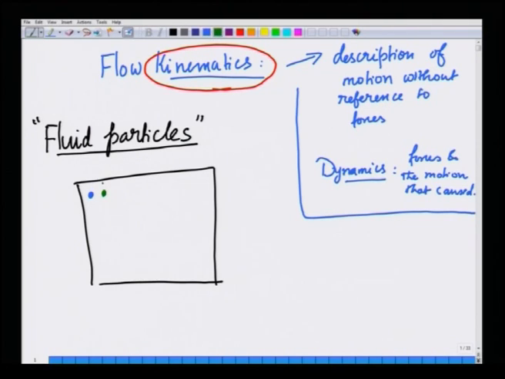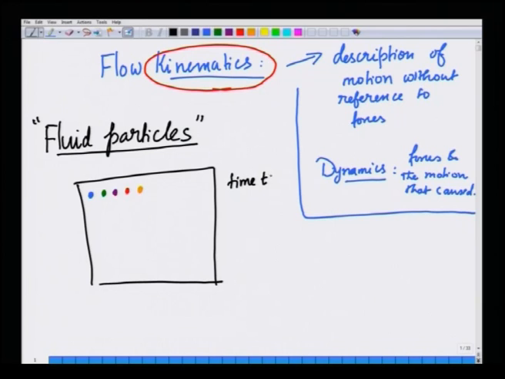So, you can mark various points in the fluid using various colored dye, okay, and this is at time t equal to 0. So, in principle you can do this continuously for all points in a fluid, because the fluid is a continuous medium within the continuum hypothesis, but for the sake of illustration I am showing a few points.